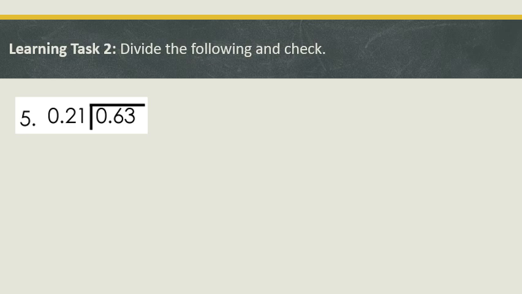And number 5. 1, 2. 1, 2. Magiging 63 divided by 21. 63 divided by 21 is 3. 3 times 21 is 63. 63 minus 63 is 0. So, ang answer natin dito is 3.